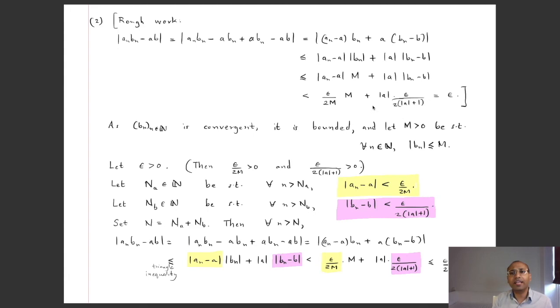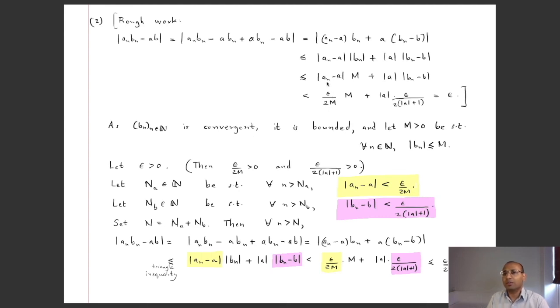Now again, it would be great if the contribution of this is less than epsilon by 2 and the contribution of this is less than epsilon by 2, so that their combined thing is less than epsilon, and then we are done. So how to make this less than epsilon by 2? Well, this m is a positive number, and so of course I can make this smaller than epsilon by 2m.